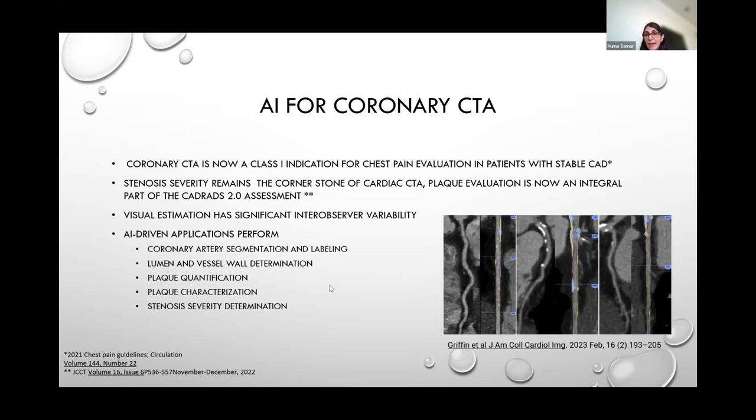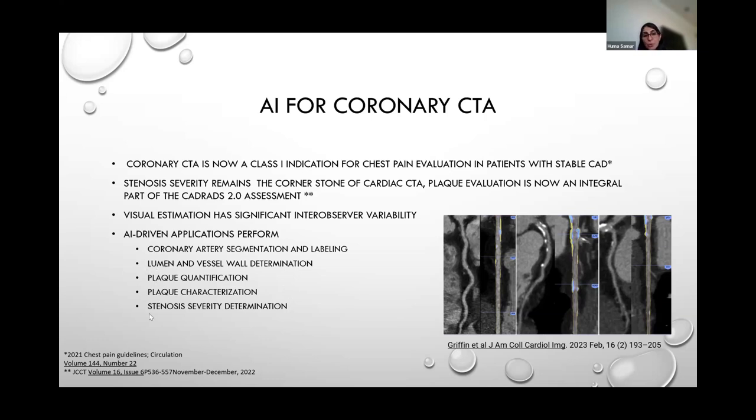At this time, we have several AI-driven applications that not only segment the coronary arteries and label them, they can differentiate the lumen from the wall. And because they can differentiate the lumen from the wall, they are able to quantify the amount of plaque inside the vessel wall and are able to characterize it: what is calcified, what is not calcified, what is high-risk plaque.